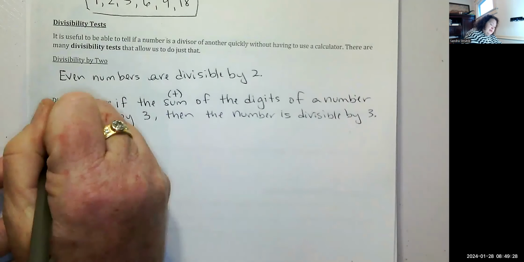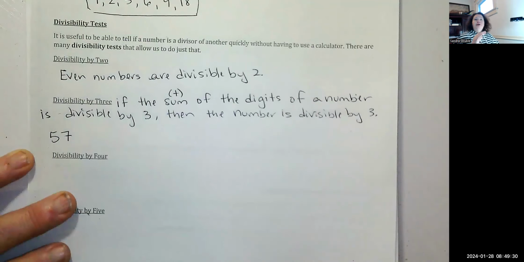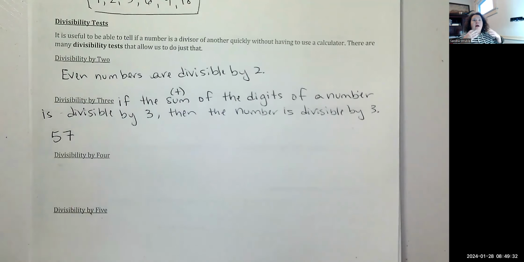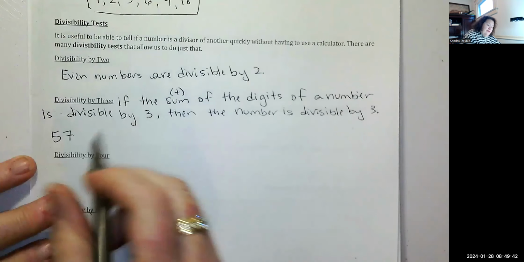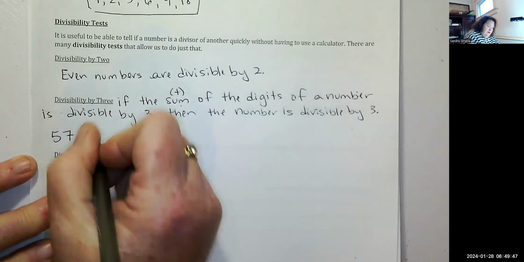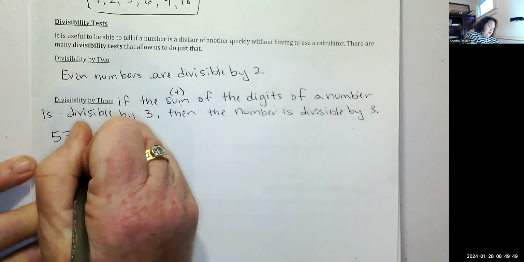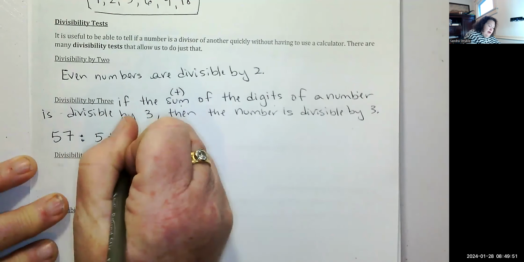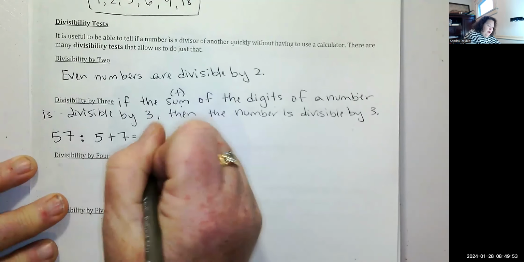Here's an example, 57. Is that divisible by 3? I don't know. It's past 3 times 12, which is 36, so it's beyond my reach. To find out, I just find the sum of the 2 digits: 5 plus 7 is 12.